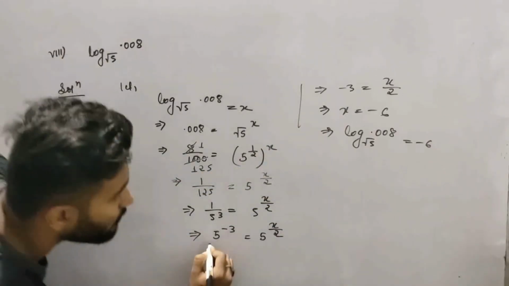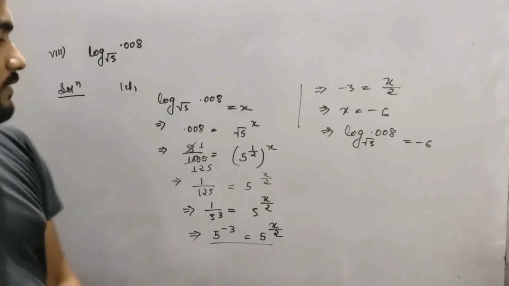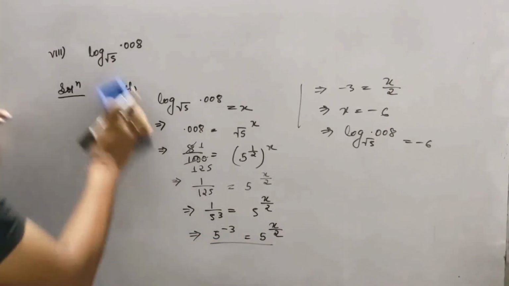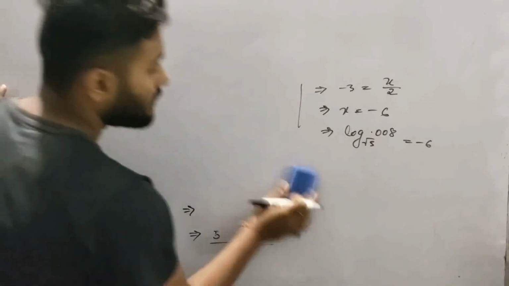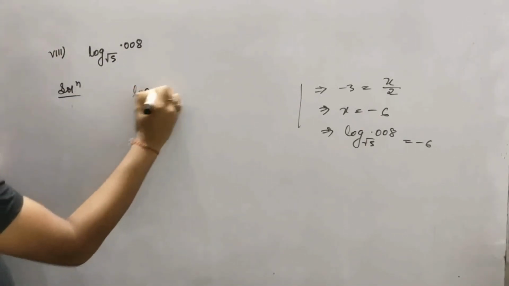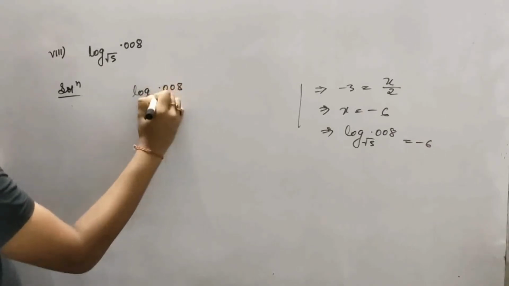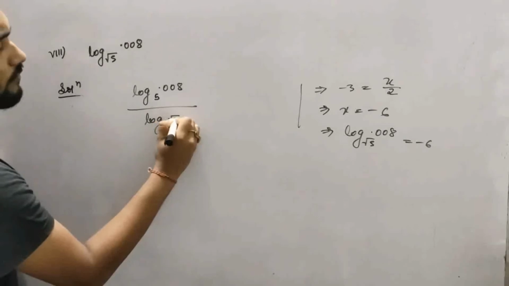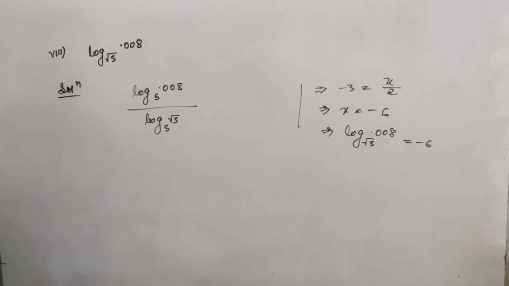From here we have understood that the common base that we have to change to is 5. So if you want, you can do by change of base also. That is log 0.008, change the base to 5, divided by log root 5 with base 5.